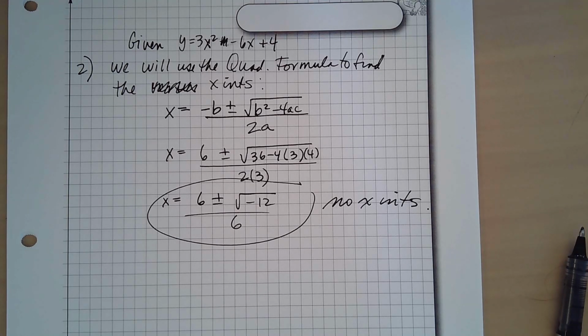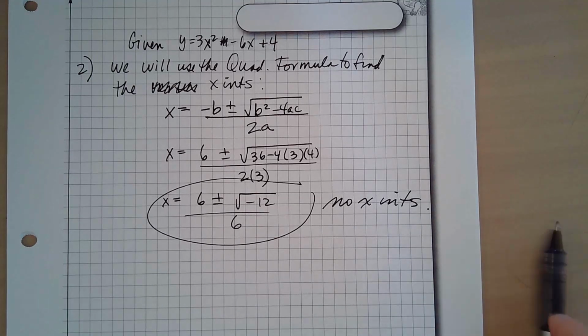Will a parabola always have a y-intercept? Absolutely, right? These arms keep growing out, and eventually one of them will cross the y-axis. So they'll always have a y-intercept, but not necessarily x-intercepts.